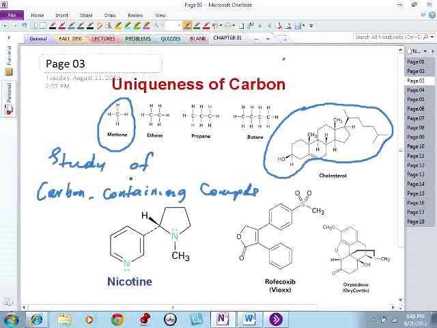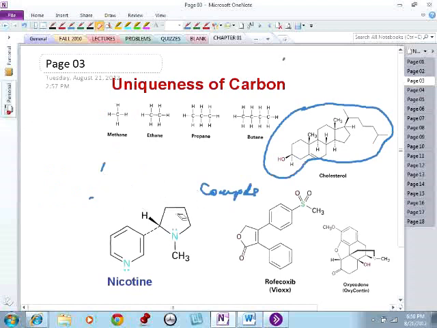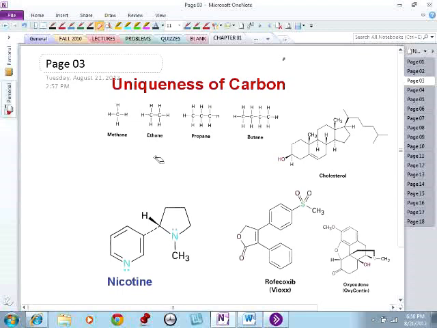And the molecules that I have on this slide here, you notice one thing they have in common is that all of these molecules contain carbon atoms.